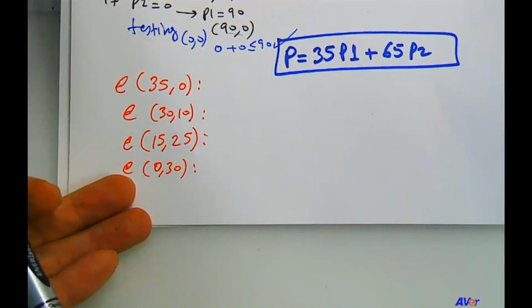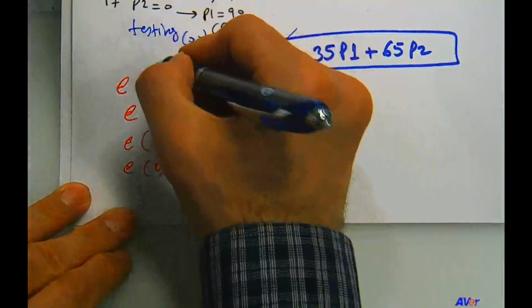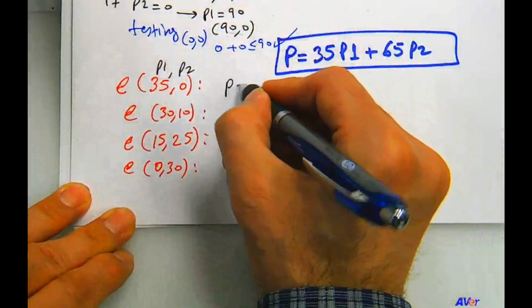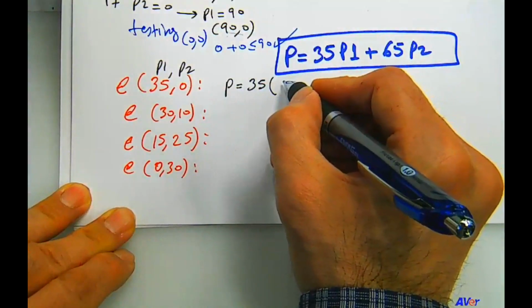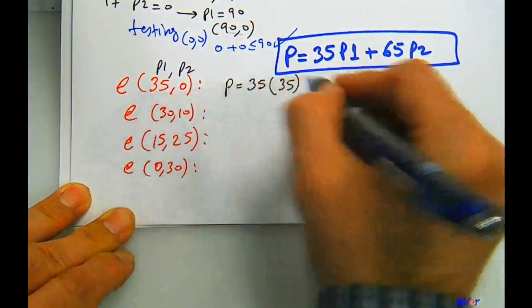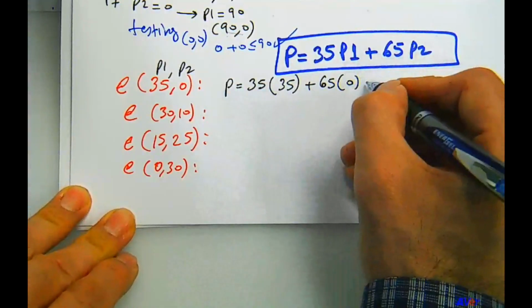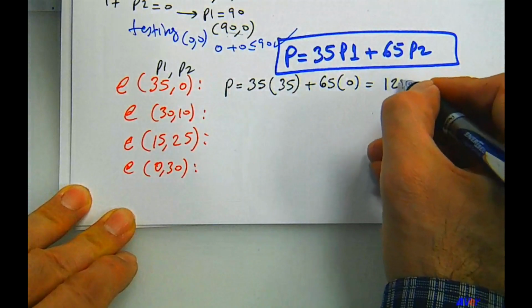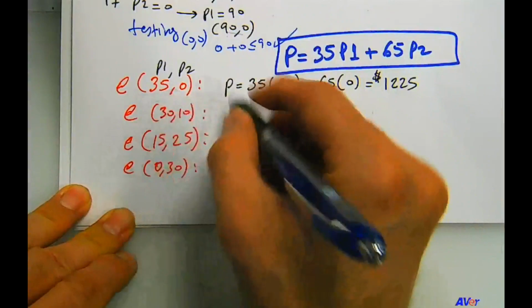Okay, so plugging in, and this is P1, P2. So P is equal to 35 times 35 plus 65 times 0, and we get $1,225 of profit from that corner.